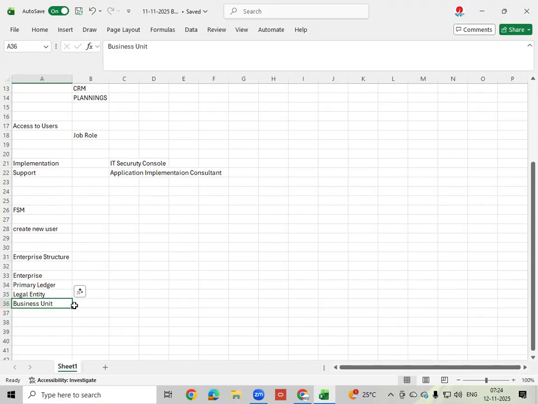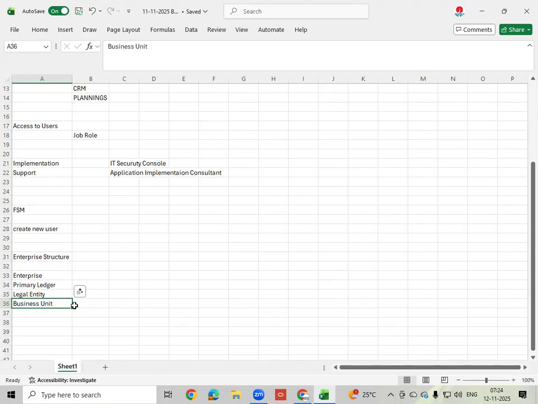So all this will be maintained at a business unit level, and manage some customer services, CRM activities, all this. So actual purchase, sales, and material transactions will be maintained at this business unit level.